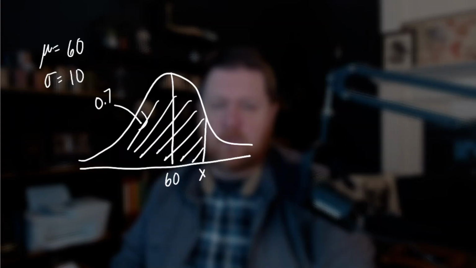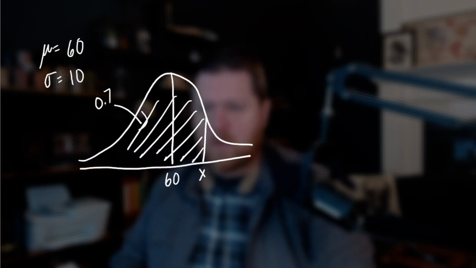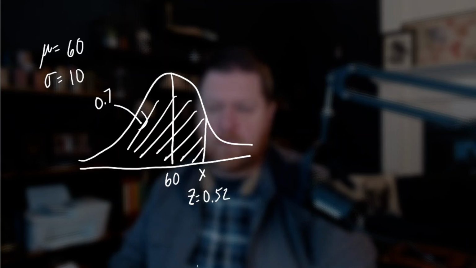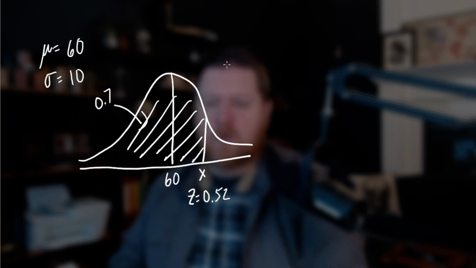So let's come back over here. And what we find out is that our z-score, we said, was 0.52. Okay, great. So with that in mind, we need to find what is the x value that has a z-score of 0.52. So we're going to write out our formula.